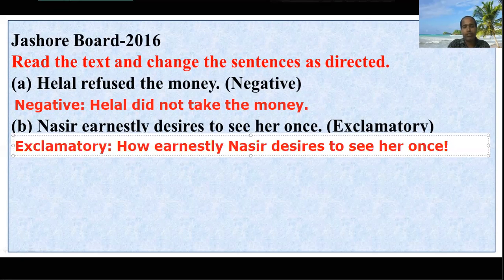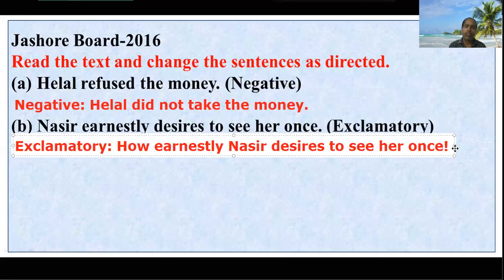So my dear students, you can change into exclamatory from assertive by using this formula. If there is no article, very, great, really in a sentence, you can apply this formula.